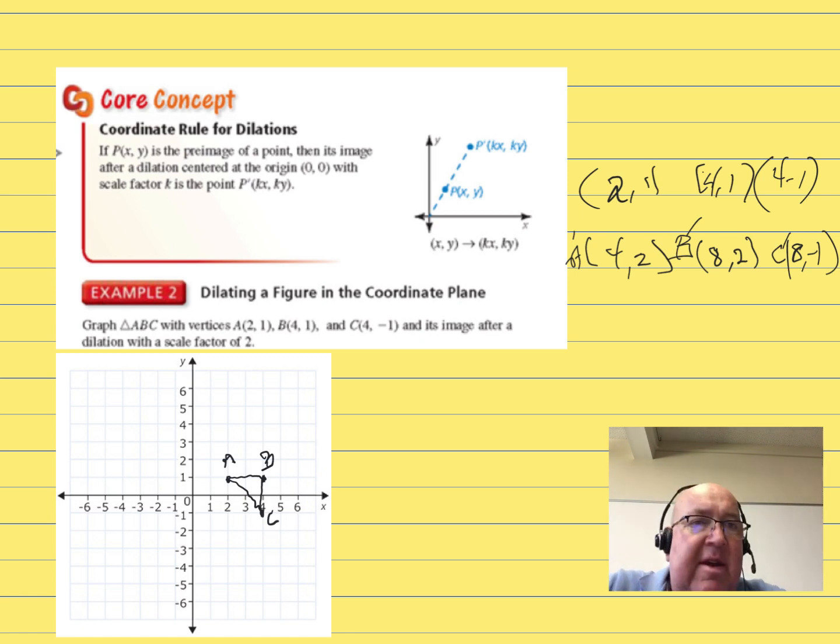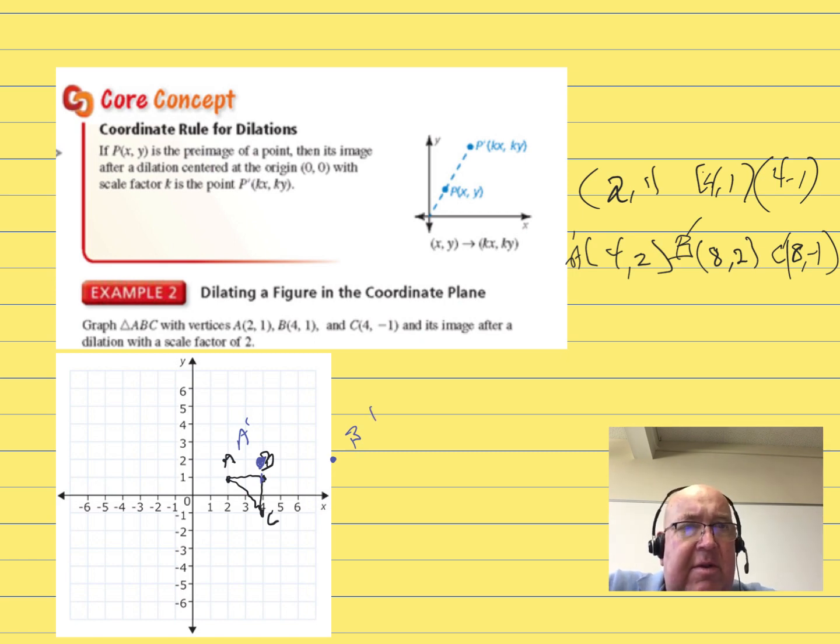Alright, so first off, we're going to regraph in a different color our new coordinates. So we have 4 and 2, so we're going to go 4, 2, right there, A prime. We're going to go 8 and 2, which is going to go out to here. That's going to be our B prime.